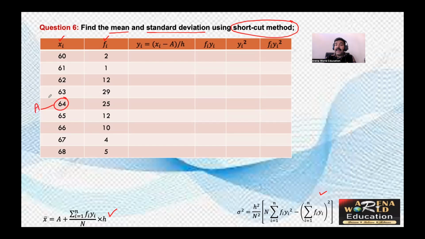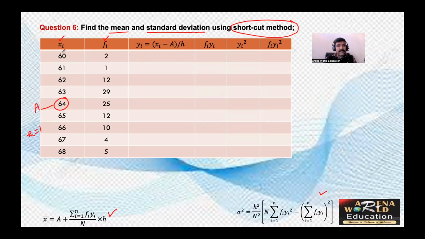So that is a, right? When it comes to h, h is what? H is the difference in xi's. So look at this one. So each xi differs by 1. So h will be 1, right? So now to find yi, what we will do, we will find the difference of each xi with a and divide it by h.